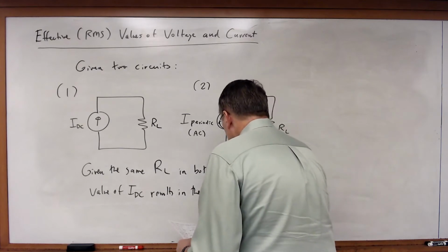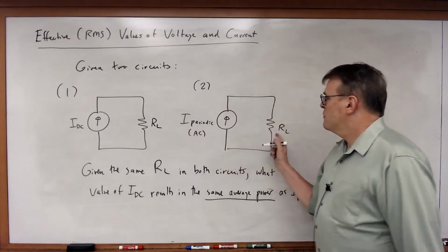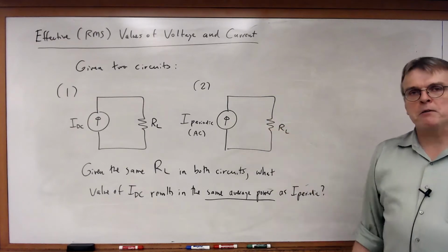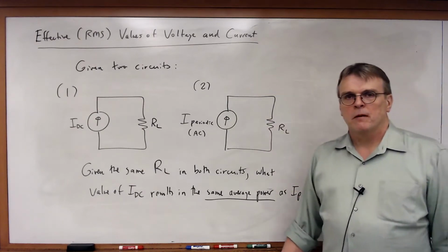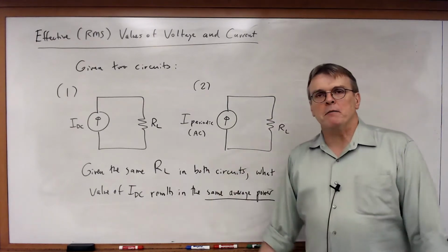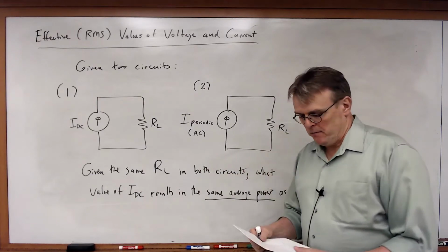So we want both these sources to generate the same average power dissipation in both load resistors. What's the yardstick? How do we compare them together? Well, this is what we're going to do.